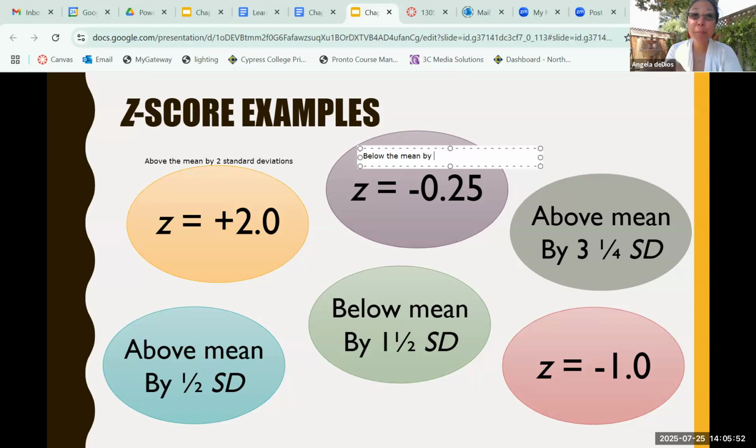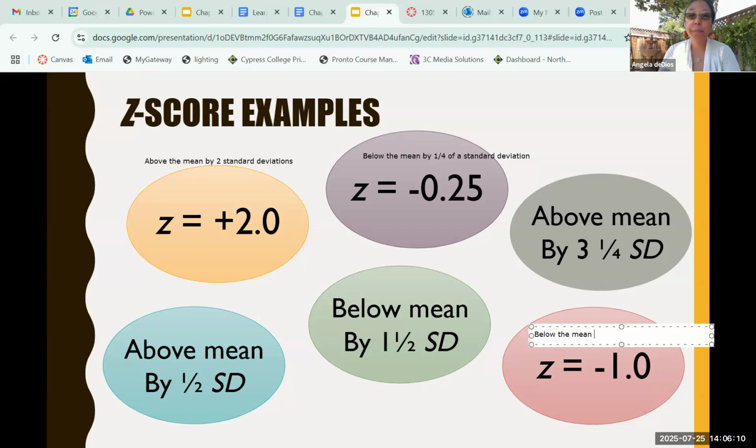And that proportion is 1/4 of a standard deviation. So it's actually pretty close to the mean. And then this last one, z of -1, tells me that that is below the mean by 1 standard deviation.